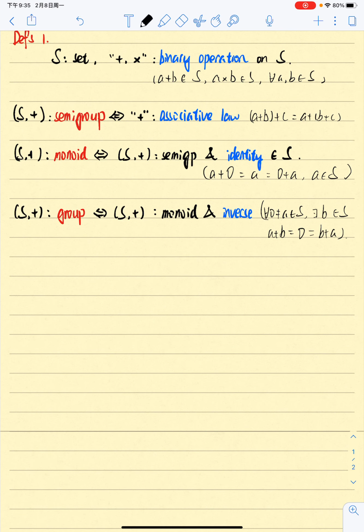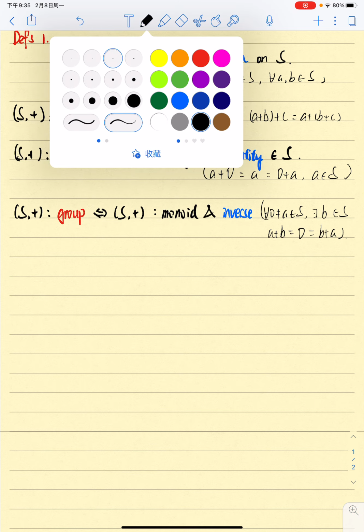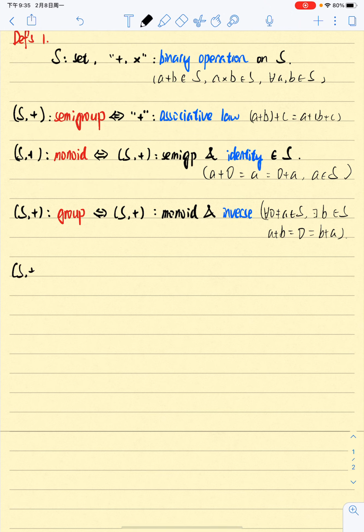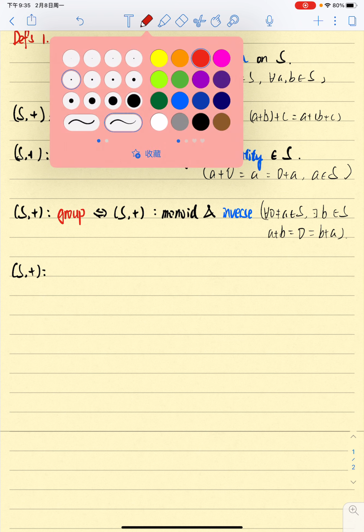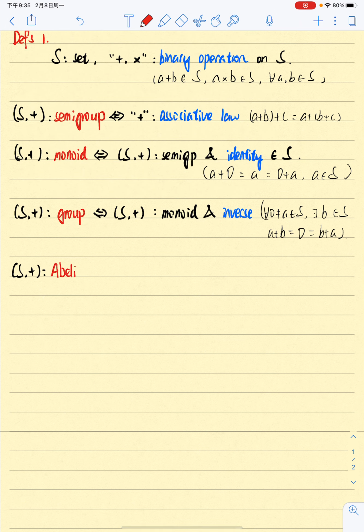And we call the system an Abelian group if the system is a group and satisfies the commutative law.